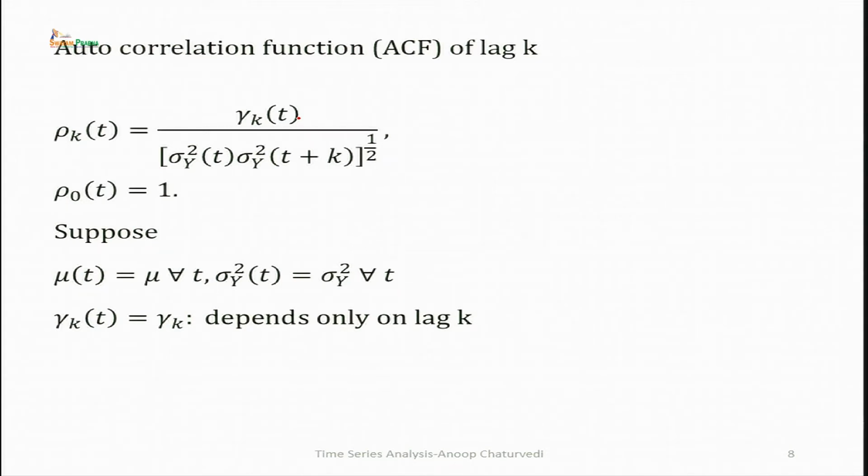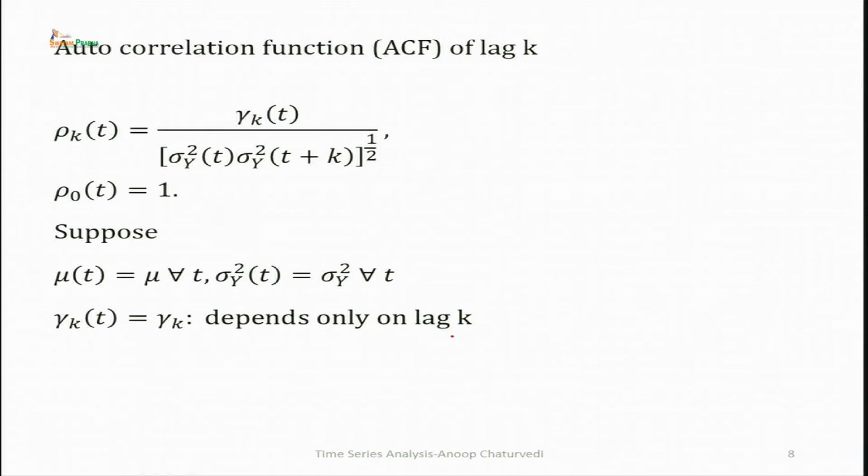So, mu t is equal to mu. We also assume that gamma k t is equal to gamma k. So, the auto covariance function depends only on the lag k.